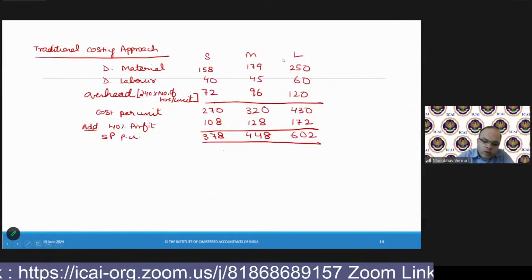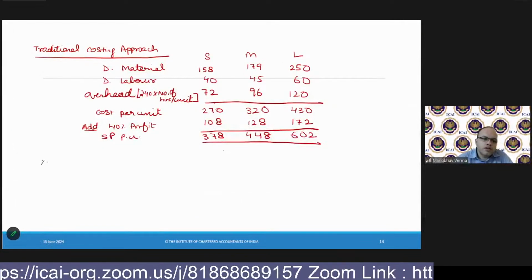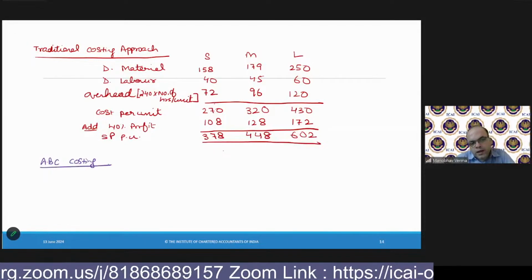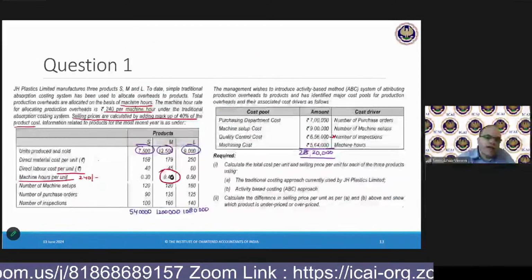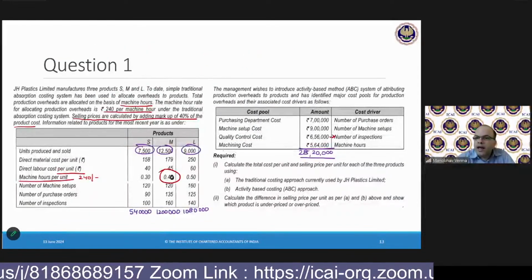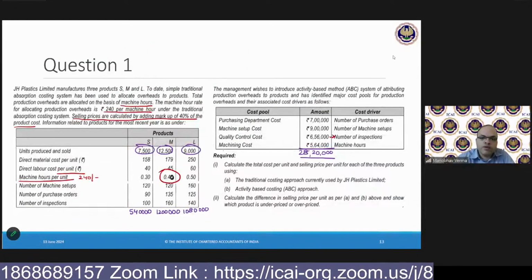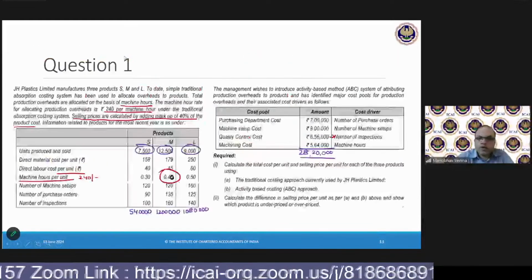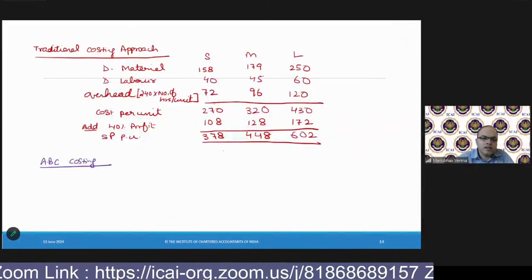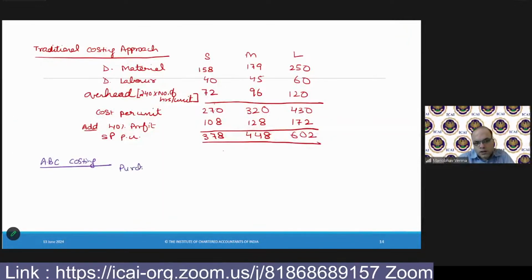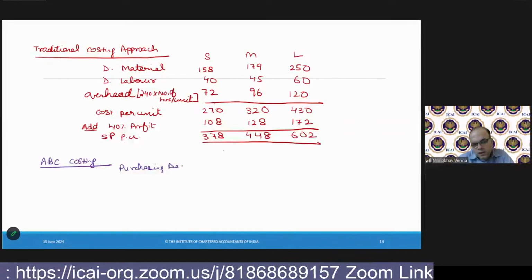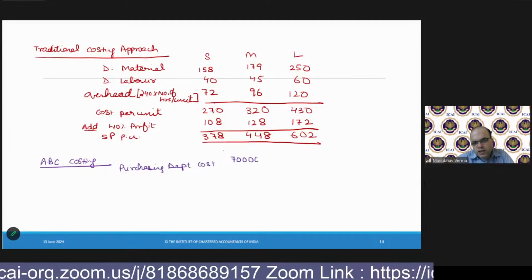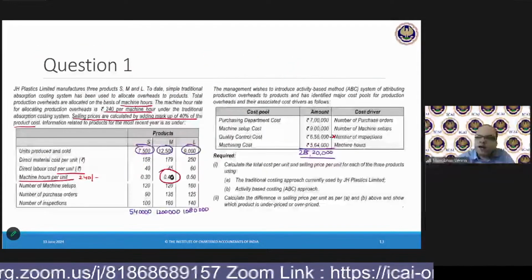Now for activity-based costing, what should be my first approach? What is required here is to understand the cost drivers and the rate per cost driver. So for example, we're talking about these overheads. Purchasing department cost 7 lakhs. So let's identify the rates first. 7 lakhs, and we are saying number of purchase orders.